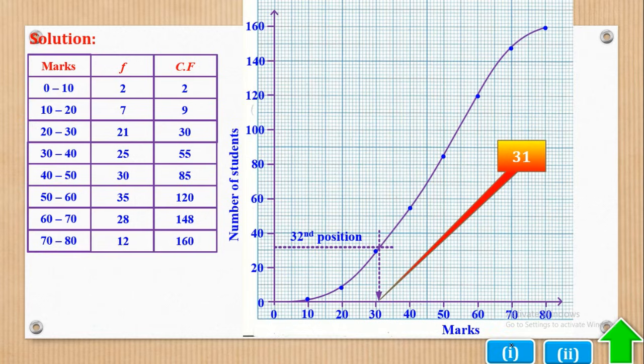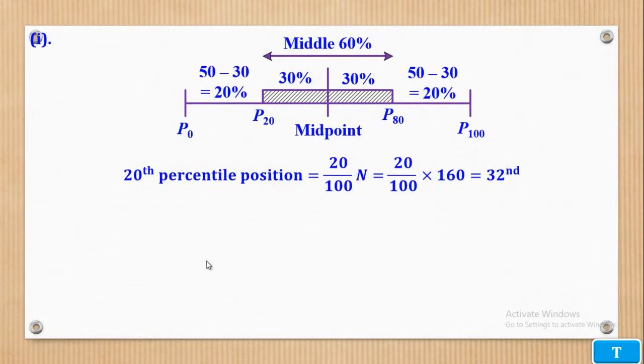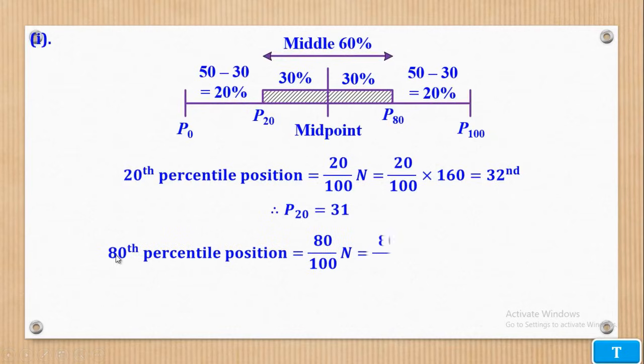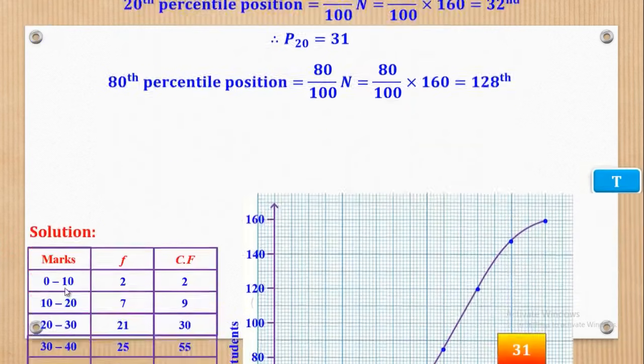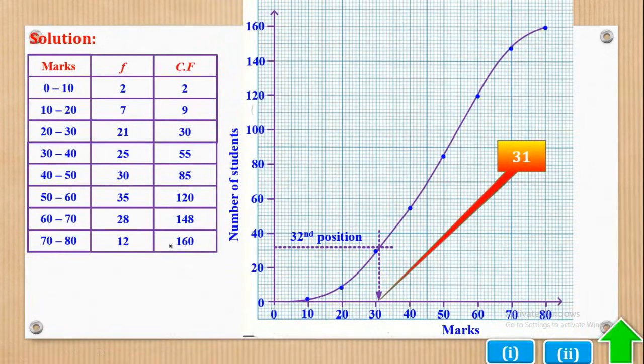Therefore, we shall come here and say P20 is 31. What about P80? So we first get the position, which is 128. Therefore, you come back to your graph and you locate it, draw a horizontal line from 128 to meet the curve, then draw a perpendicular to meet the horizontal axis and read off that value.